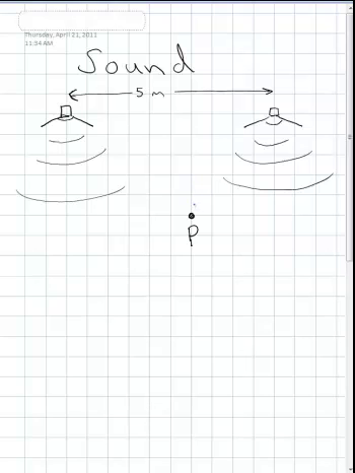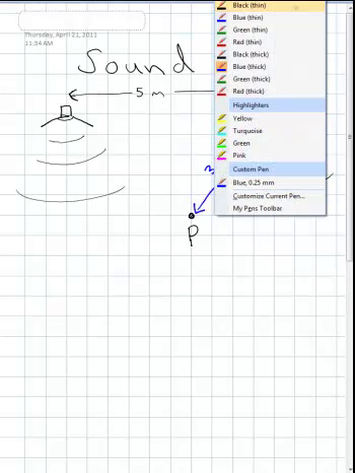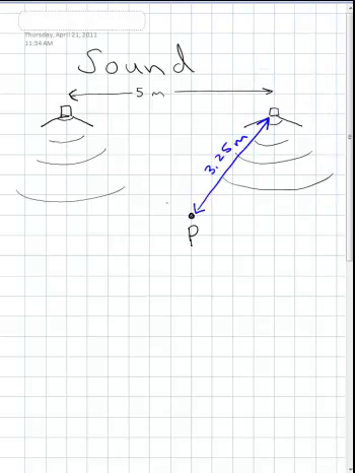This distance from point P to this speaker was 3.25 meters. And what should I use? How about green? From point P to the other speaker was 4.5 meters.